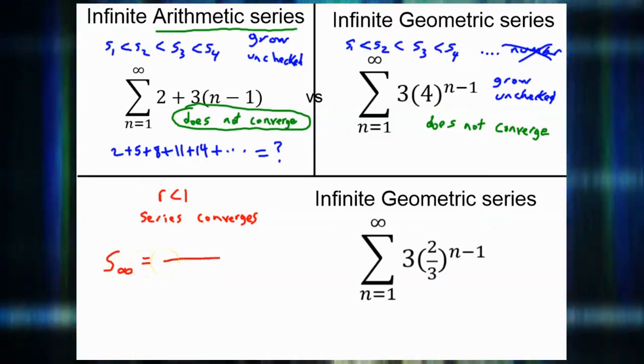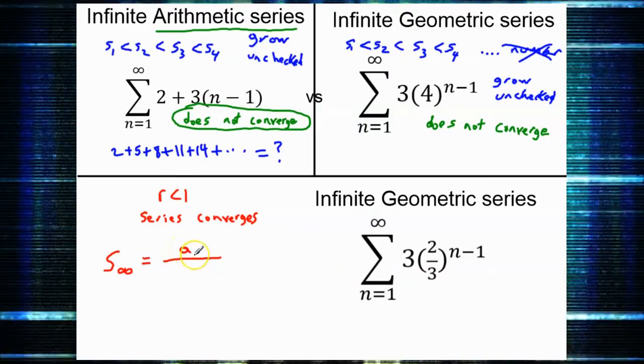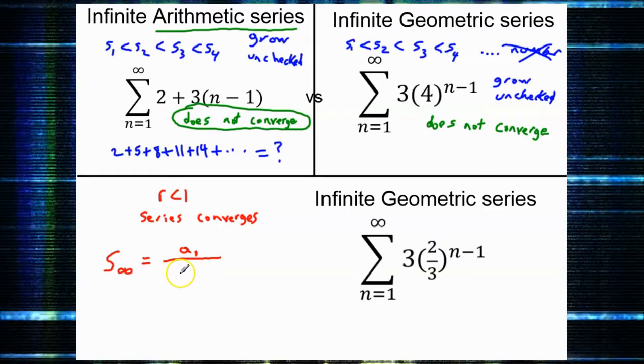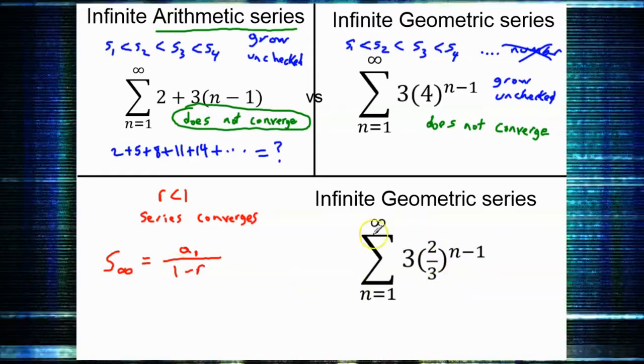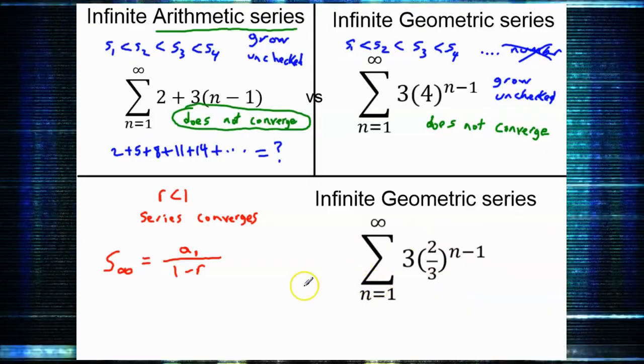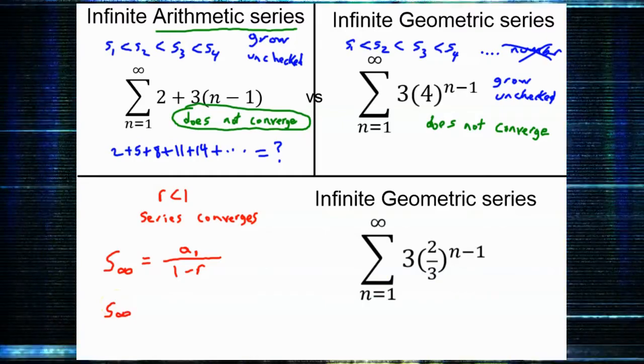The formula we're going to use is a sub 1 over 1 minus r. This tells us what happens when n gets very close to a huge number.